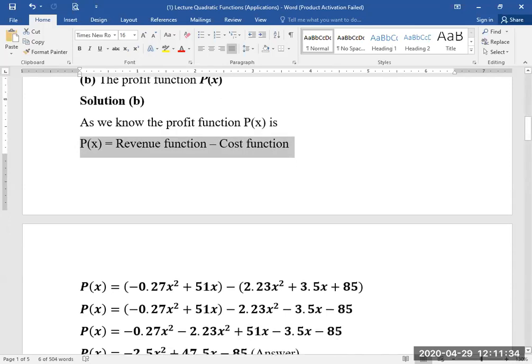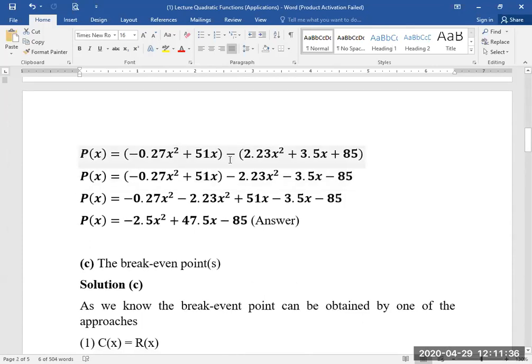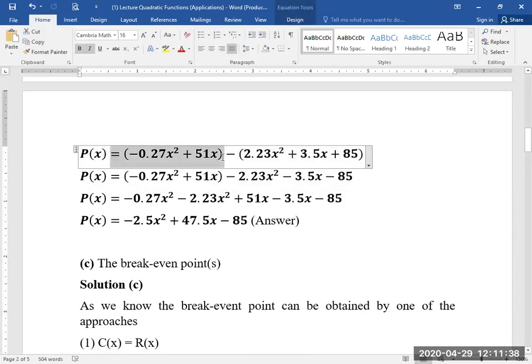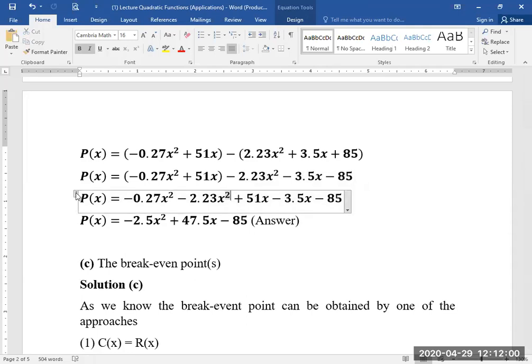We have two functions given: the revenue function we just constructed, which was written here, and the negative of the cost function, which is given in the example. We take the negative sign to the cost function and do the usual addition and subtraction. Then we have found the profit function.